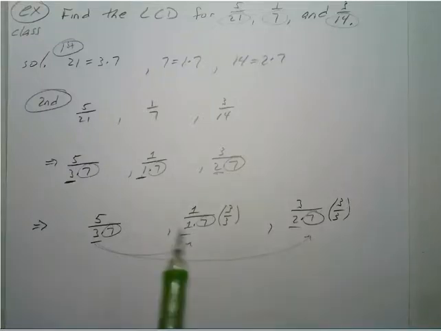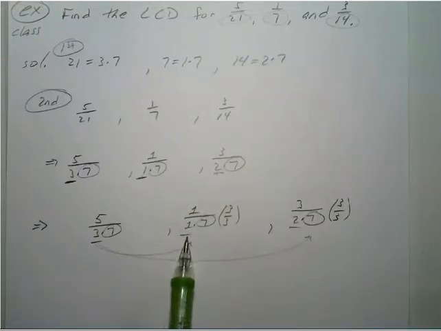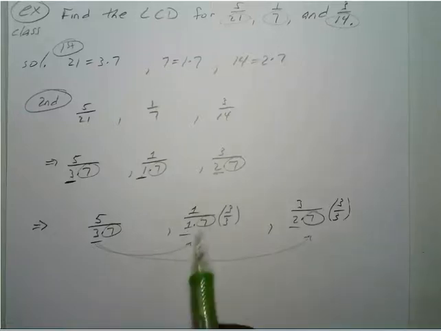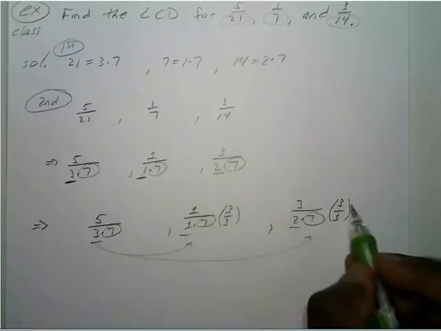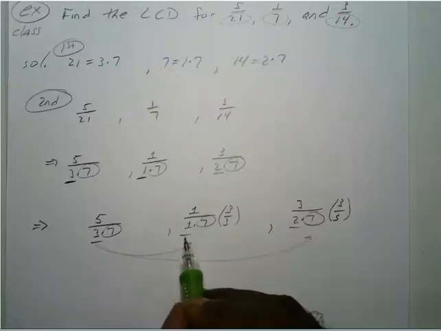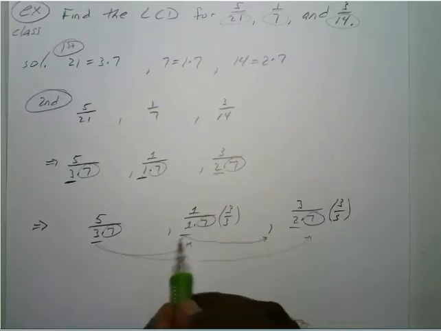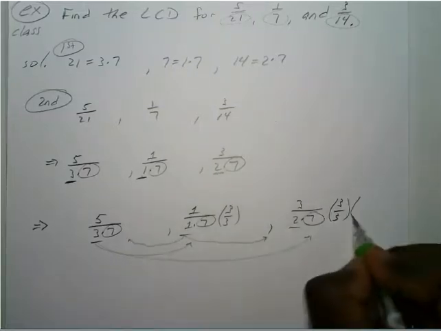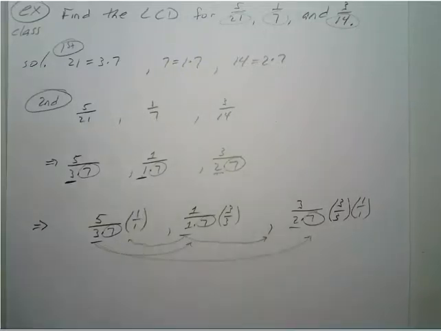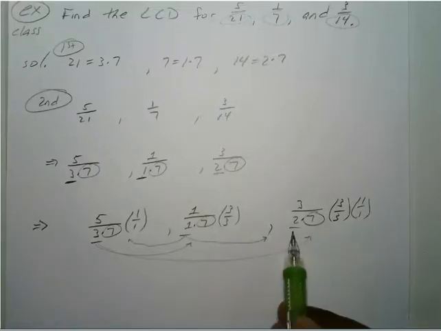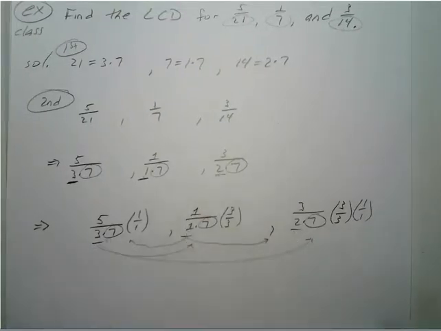All right, so the 1, and again, if you want to do the 1, you can. If not, you don't have to. If you want a 1 in all of them, you can multiply this one by 1 over 1, and this one by 1 over 1. And again, you don't have to put the 1 if you don't want to. All right, now the 2 here, you want to multiply the 2 to those other 2 fractions.